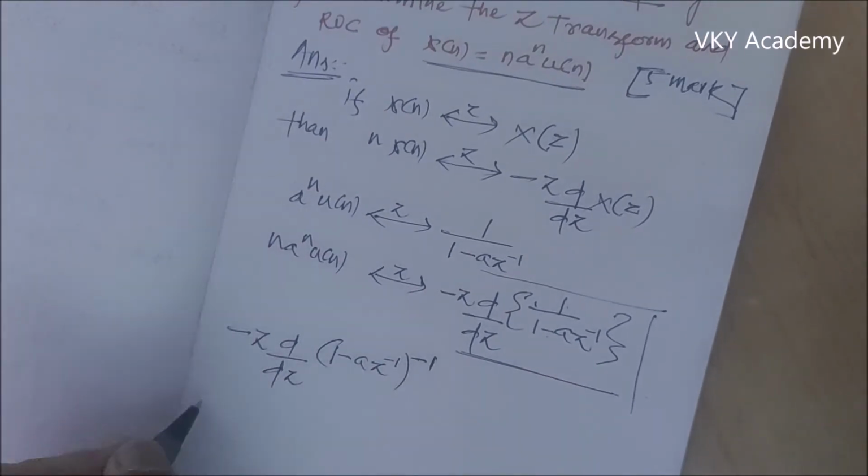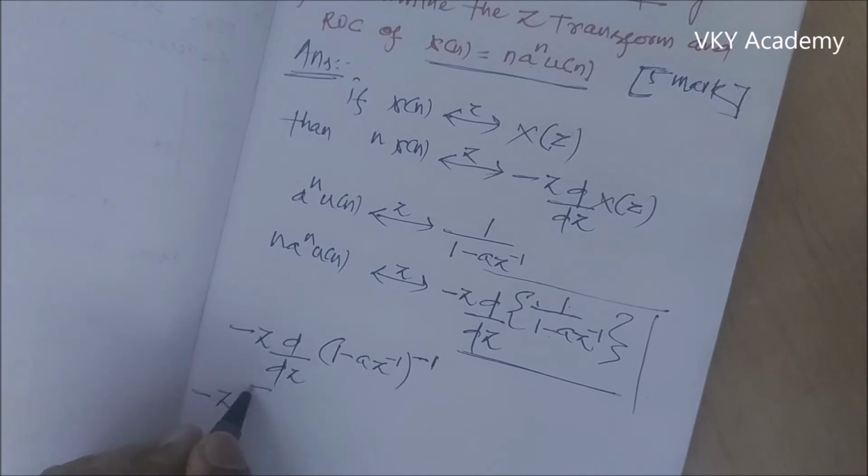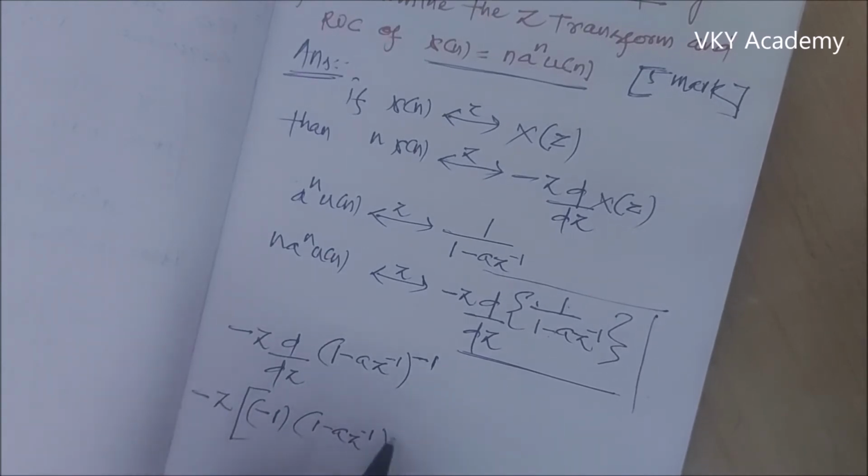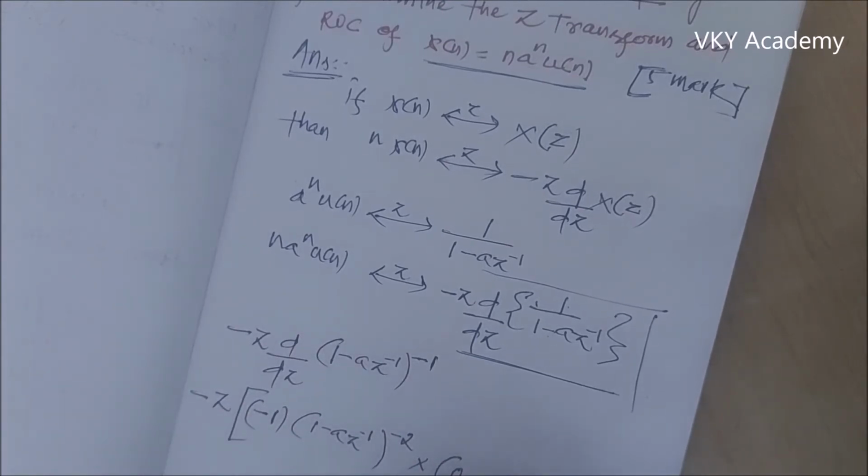Now the derivative will be minus z, square bracket start, minus 1 into 1 minus a z inverse whole to the power minus 2, into the derivative of 1 minus a z inverse, which is 0 minus a z to the power minus 2.